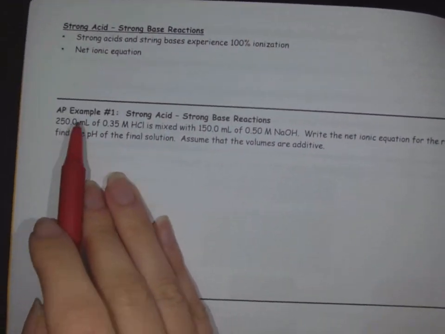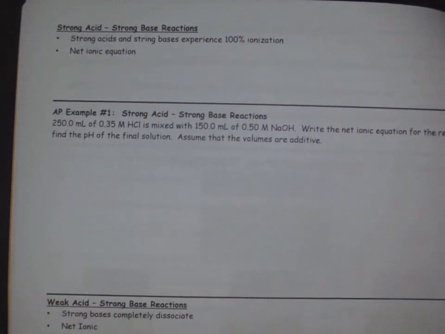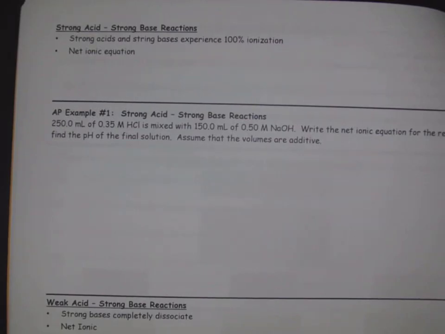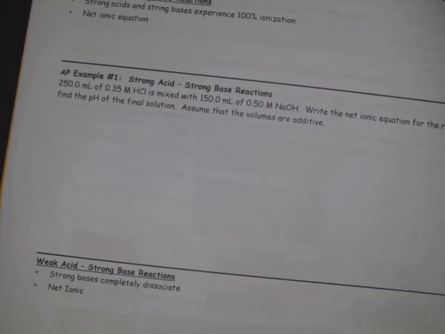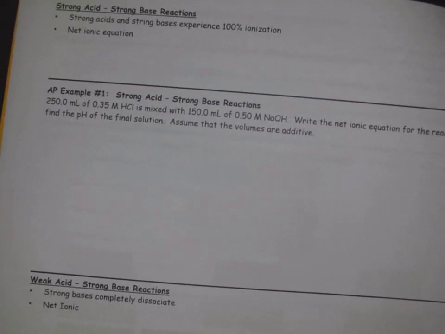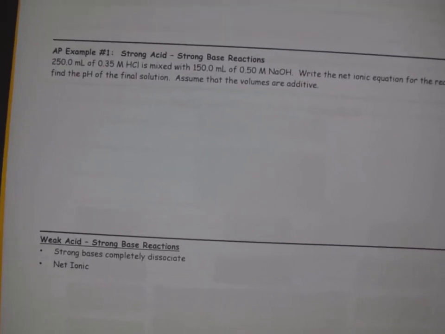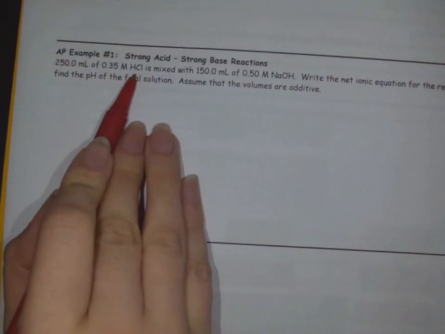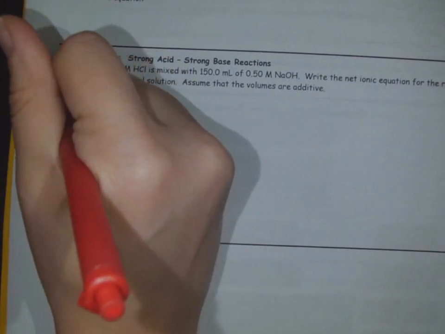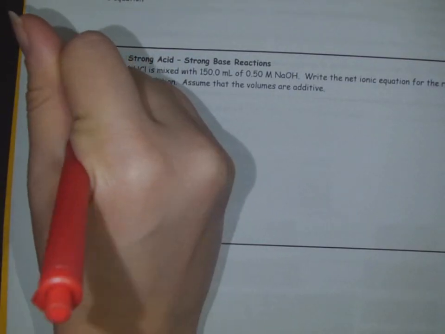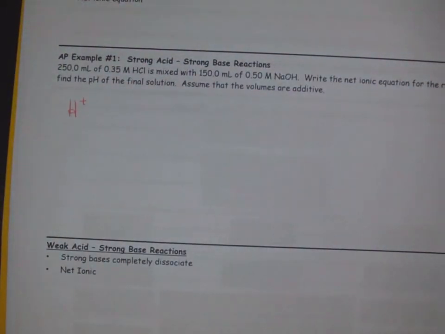Okay, so: 250 milliliters of 0.35 molar hydrochloric acid is mixed with 150 milliliters of 0.5 molar sodium hydroxide. Write the net ionic equation for this reaction and find the pH of the final solution. Reminder, when we have a strong acid like HCl, we don't have to include the Cl. We can just change it to H+ for the net ionic.